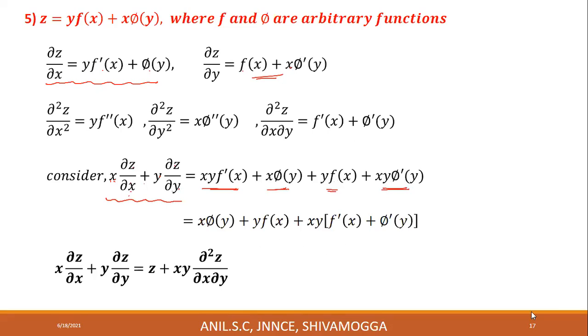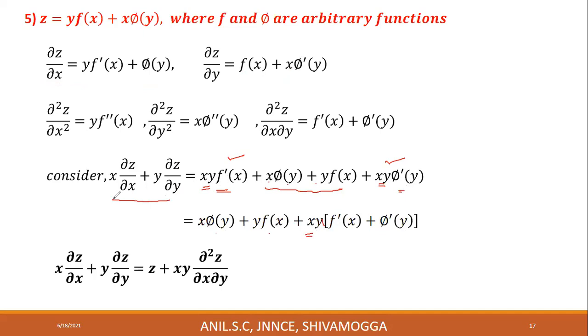This is equal to, you keep these two terms as they are, x into phi of y plus y into f of x. And from the remaining two terms, take xy as common factor. Here xy is common, here also xy is common. You keep it outside. Then what you get within the brackets is f dash x plus phi dash y.